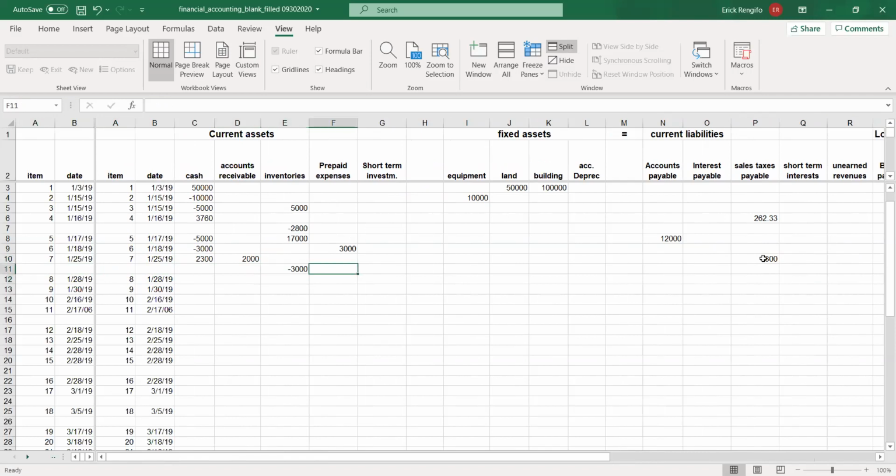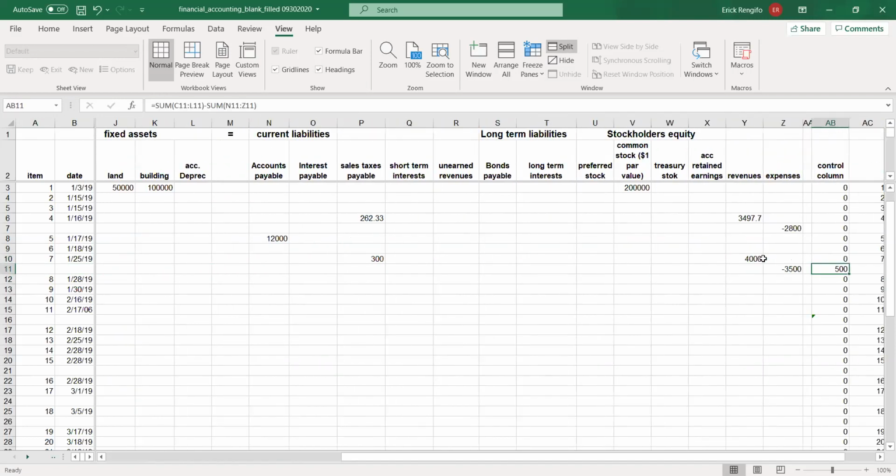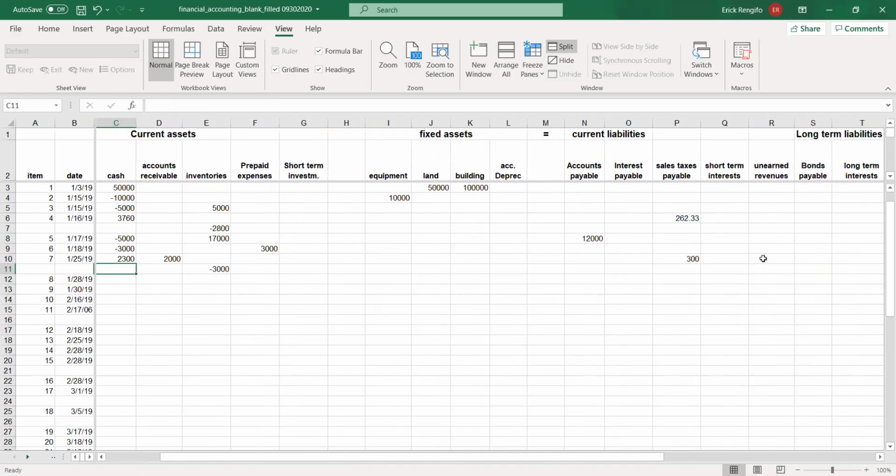So if you go to your control column, we have a 300, oh, sorry, it's minus this one here. Make sense to you guys?